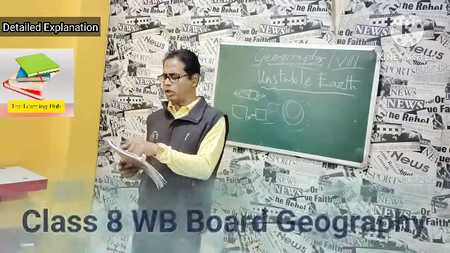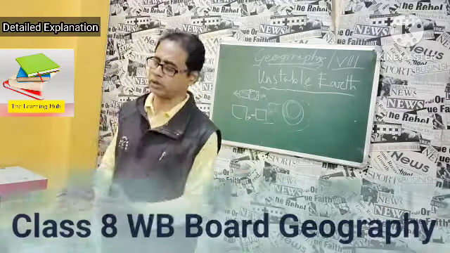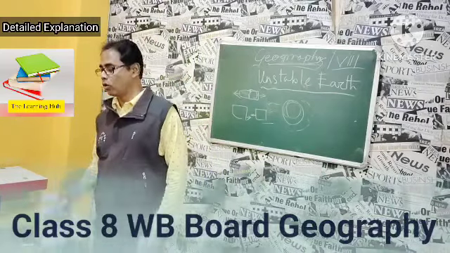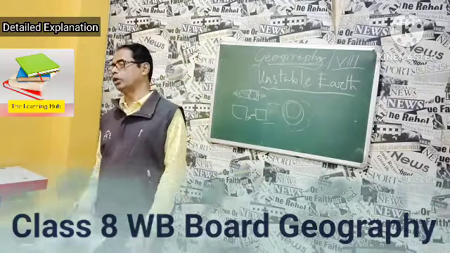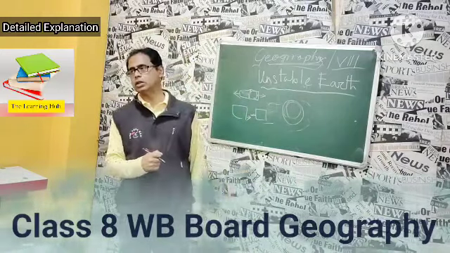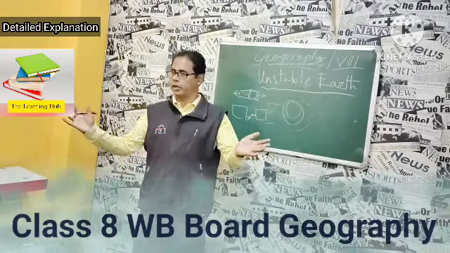When two plates are moving away from each other, this plate boundary is called the divergent plate boundary. Why is it called divergent? Because diverge means moving away.